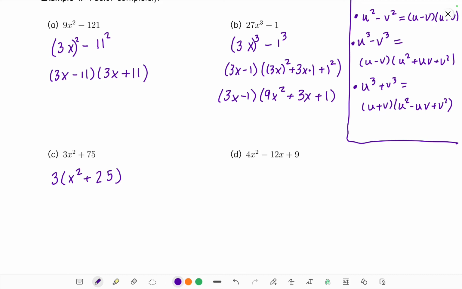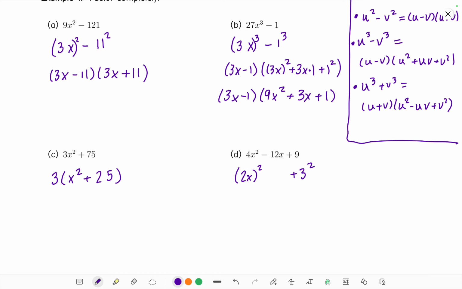D. Now, since D is a trinomial, you can use the AC factoring method if you want. But since it's a special trinomial, you could factor using one of these special rules. I'm going to show you that way, but again, if you prefer the AC method, do it that way. For example, I know 4x squared is the same thing as (2x) squared. 9 is the same thing as 3 squared.